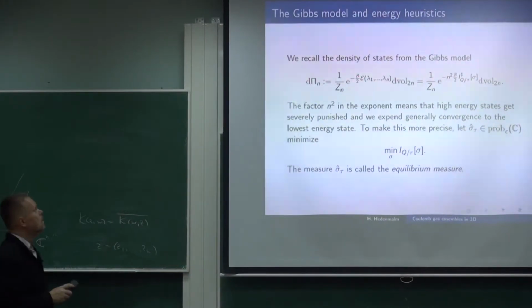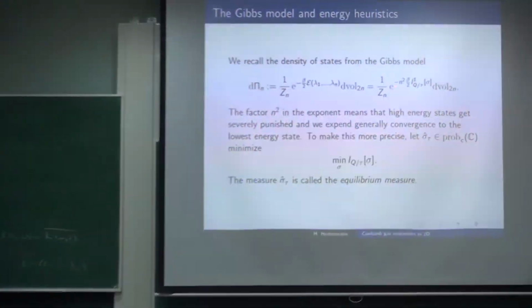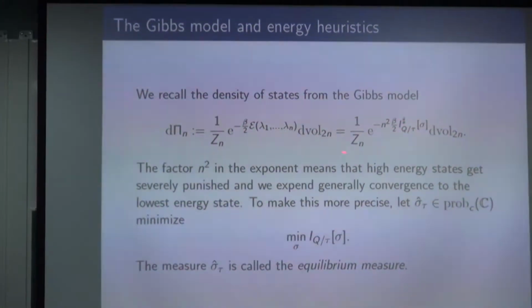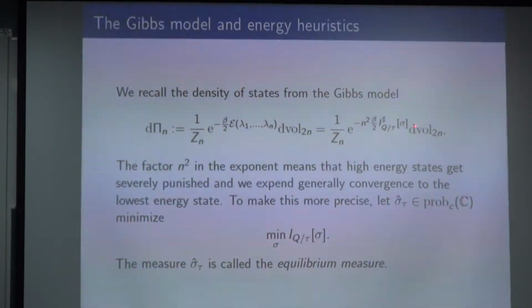And then we are in this situation. We had our model, the Gibbs model, e to the minus beta over 2 times this energy. And then we remember that the energy E was equal to this I sharp energy times n squared. What does it mean? It means that the model is trying to strongly force this energy to be as small as possible.